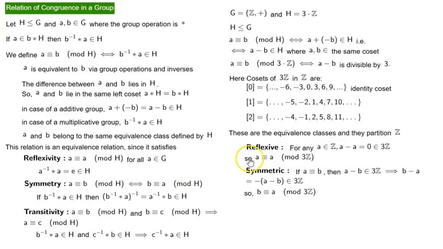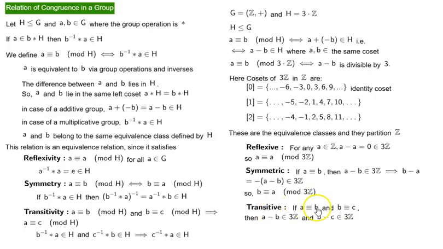Coming to symmetry: if A is congruent to B, then A minus B is in 3Z, which implies B minus A, which can be written as minus of A minus B, is in 3Z. So if A minus B is in 3Z, its inverse is also in 3Z. So B is congruent to A mod 3Z.